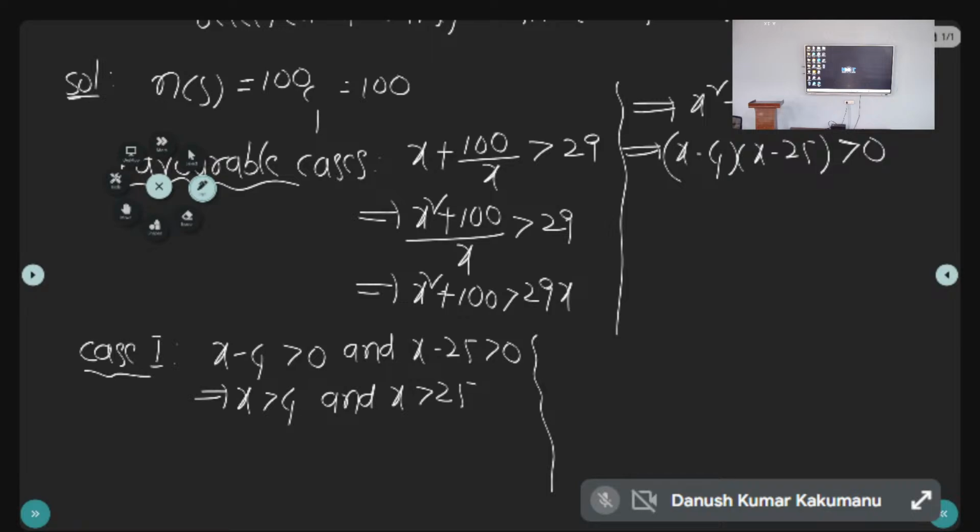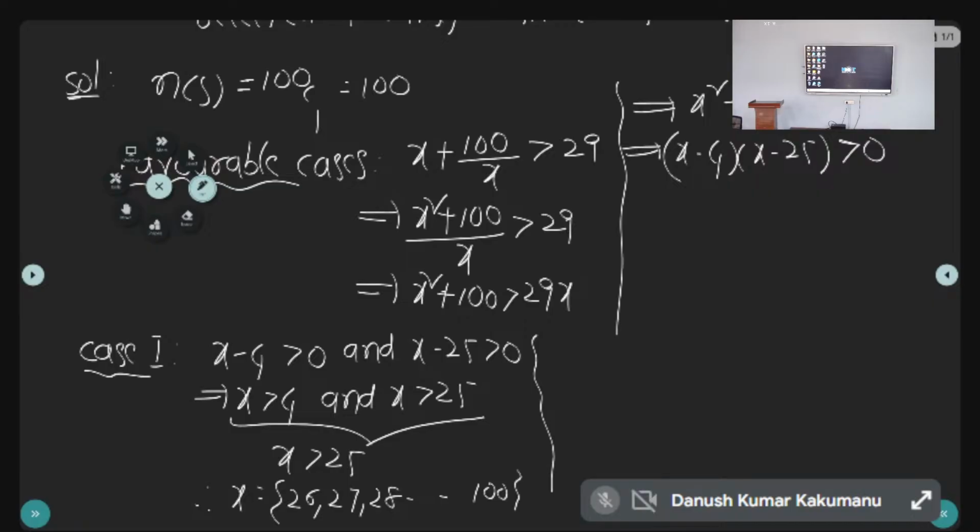This x and this x both must be the same. The same number which is both greater than 4 and 25, you have to write the common number. x should be greater than 25. What are the possible values of x greater than 25? Therefore, x may be either 26, 27, 28 up to 100. This is one case.